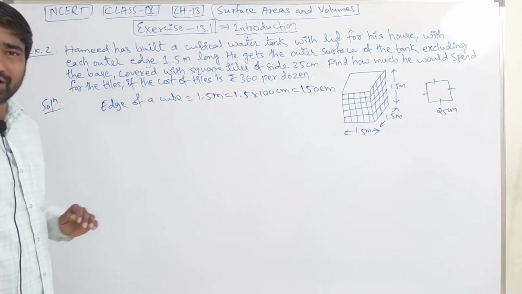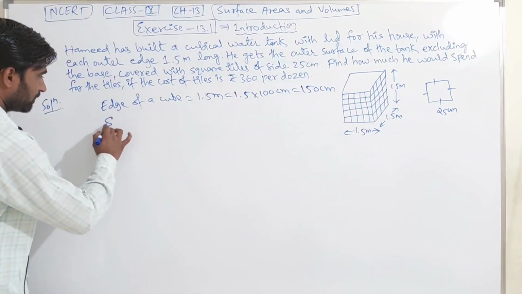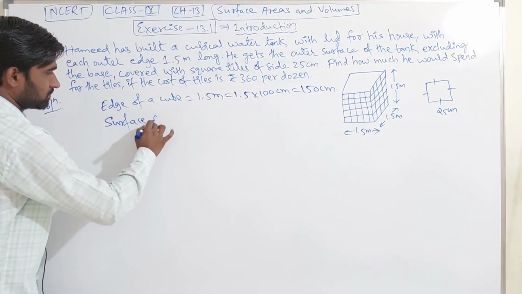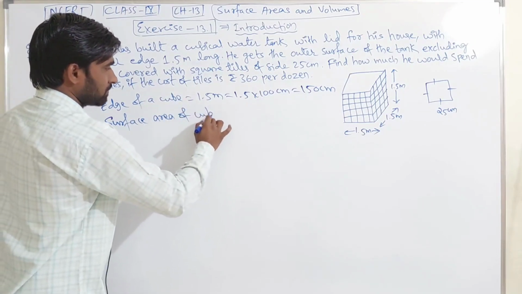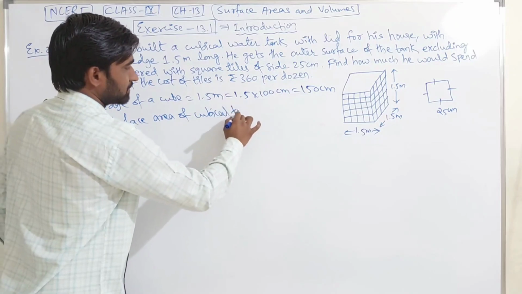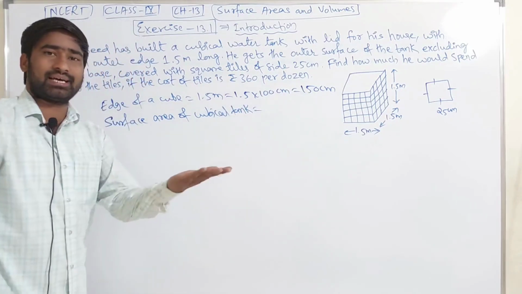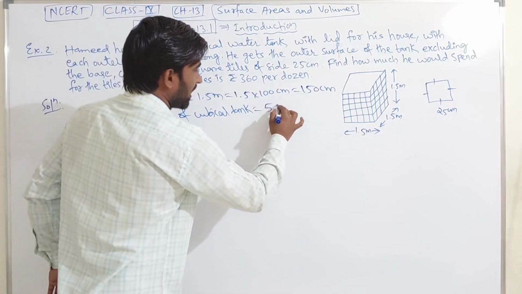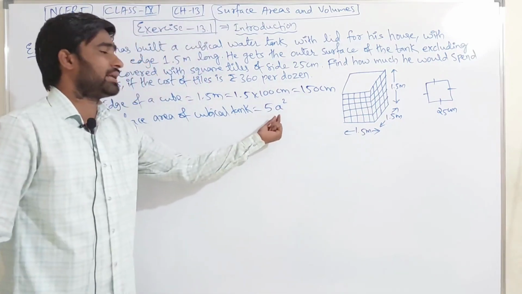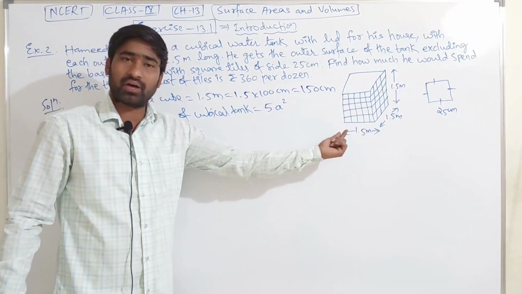So now we have to find the surface area of this cubical tank excluding the base. So we have to take only 5 surfaces. So 5a square, where a is the side or edge of the cube.